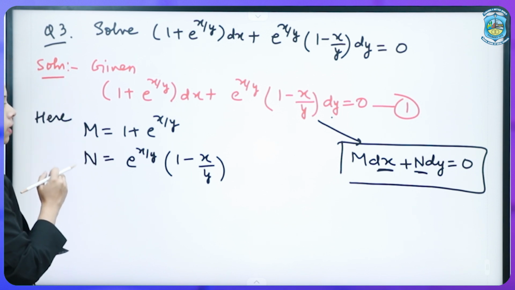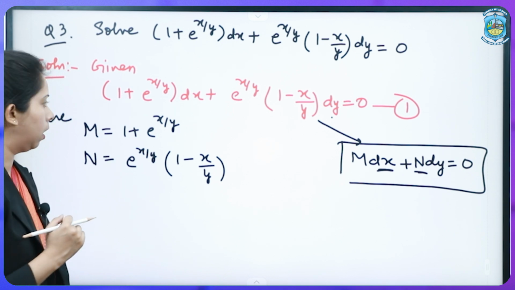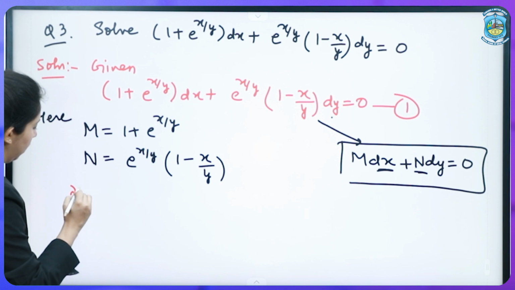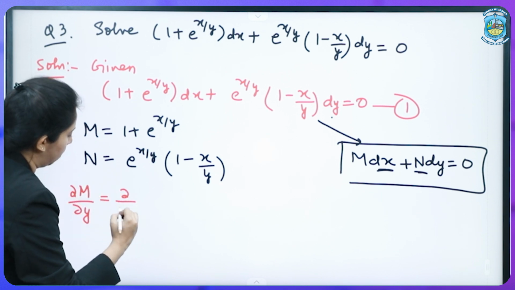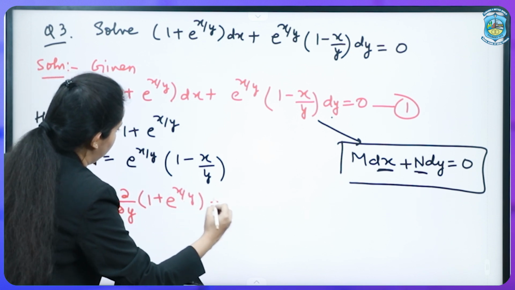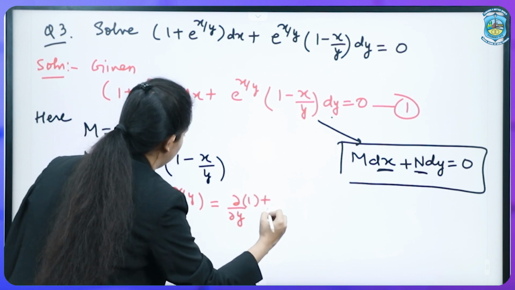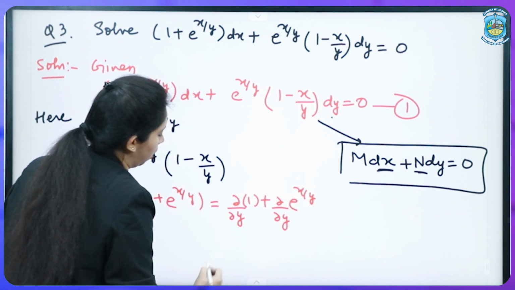Now the second step is that you will have to check the exactness of the given differential equation number 1. So that we can do by differentiating M with respect to y on both sides. So, del by del y of (1 + e^(x/y)).